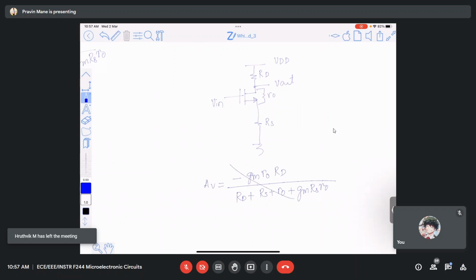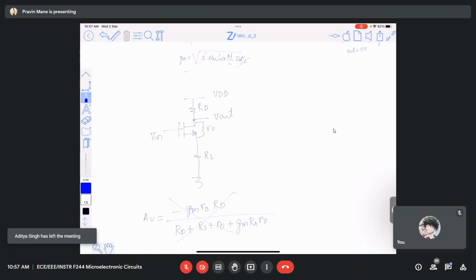But without RO, you have to find out what is the resistance connected at the output terminal. Here I am taking the output from drain terminal. So it is RD divided by resistance seen through the source terminal. If you look from the source, you open it here and look from this terminal, it is RS plus 1 by GM.